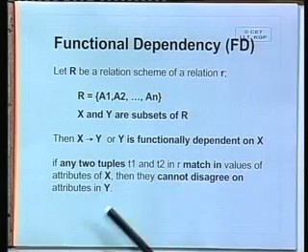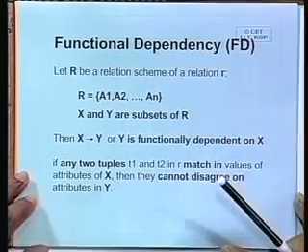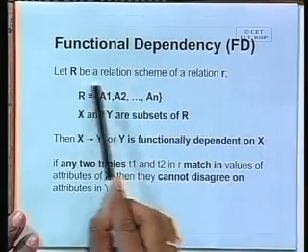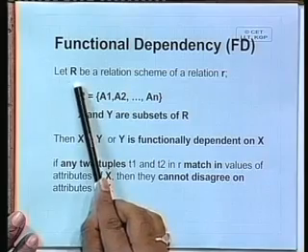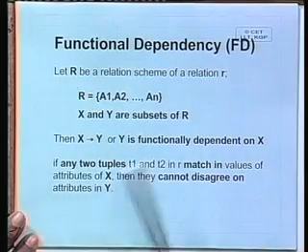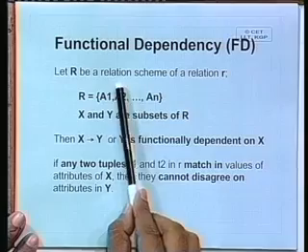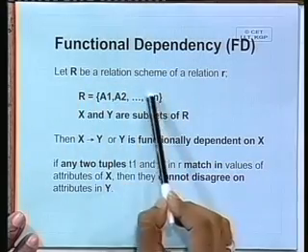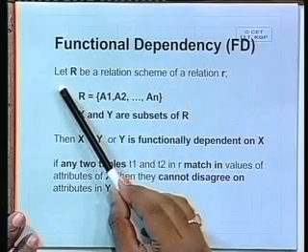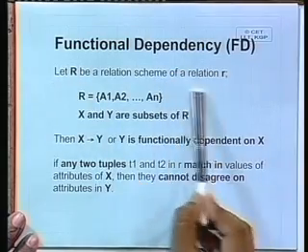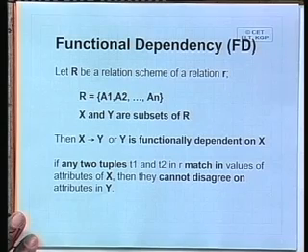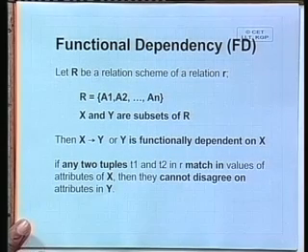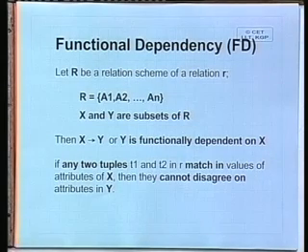For all our discussions we shall differentiate between a relation, small r, and a relation schema, capital R. Every database definition will have a relation scheme, capital R, but it may have different relations, because at a given point of time what data will be stored in the relation depends on what values are available at that time.